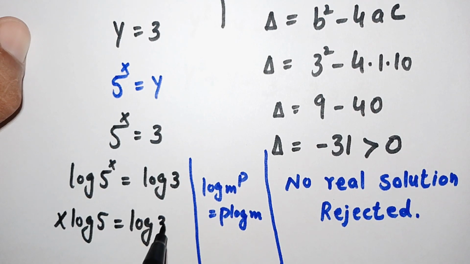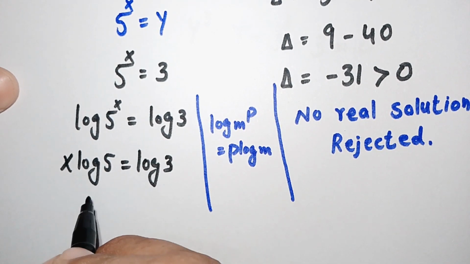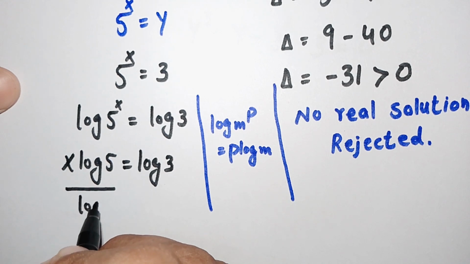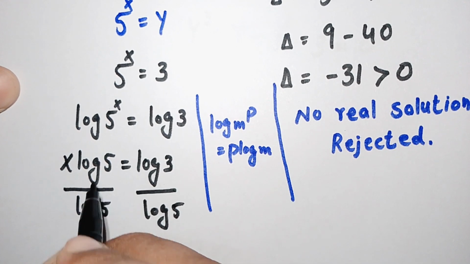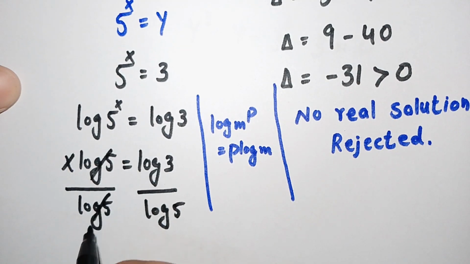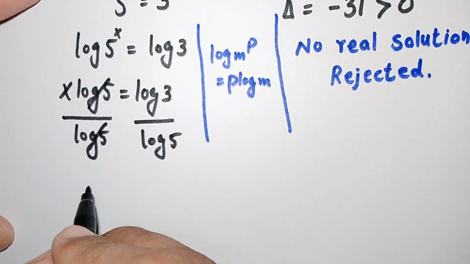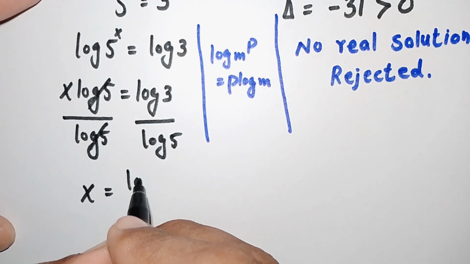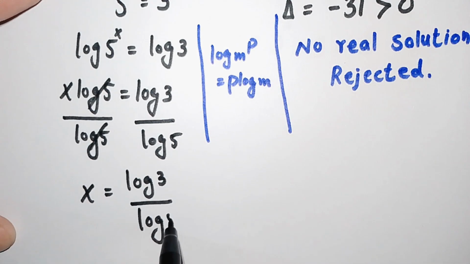Now we have to divide both sides by log of 5, so this side divided by log of 5 and also this side divided by log of 5. So here this log of 5 cancels with this log of 5, so here x is left, x is equal to log of 3 divided by log of 5.